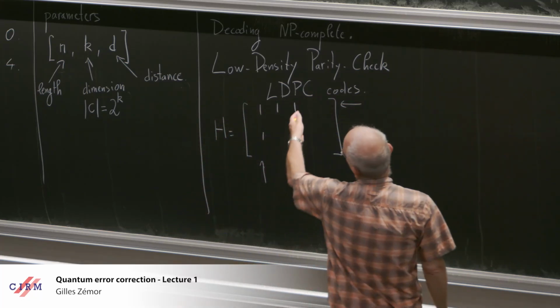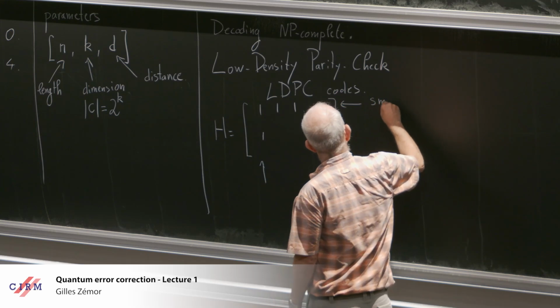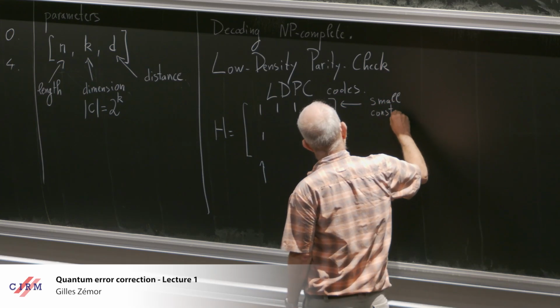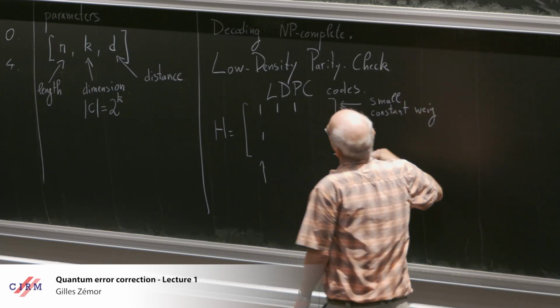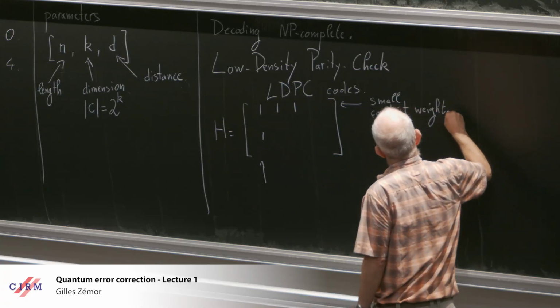You just choose the parity check matrix H with not many ones. That's the basic idea.